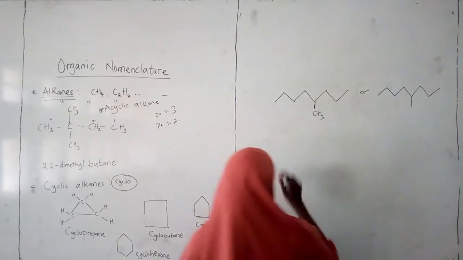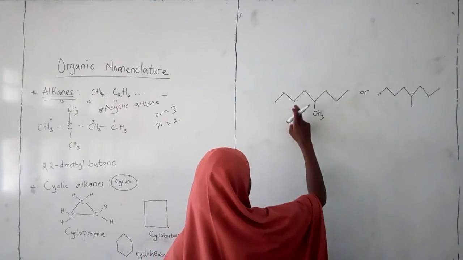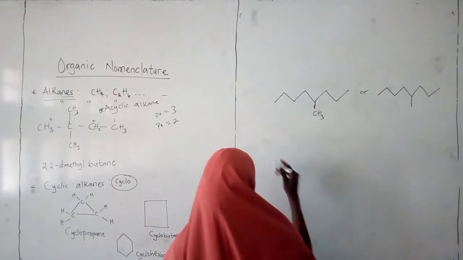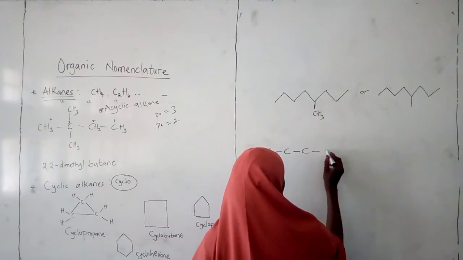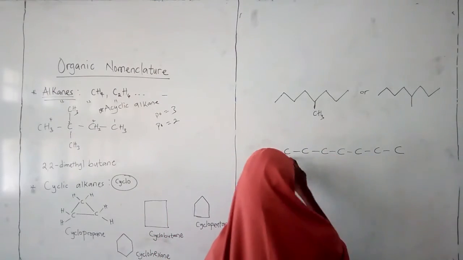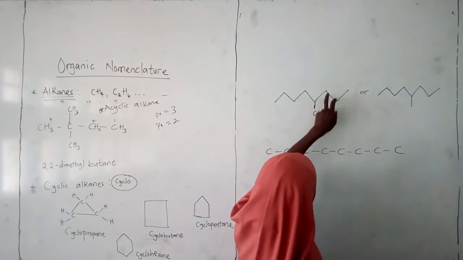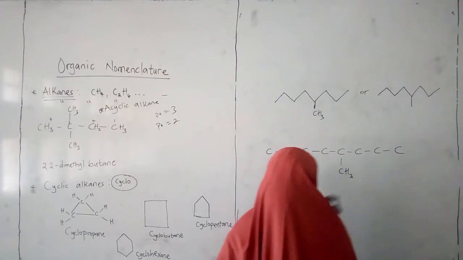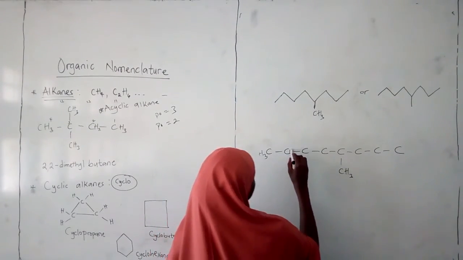So now, naming this, we have 1, 2, 3, 4, 5, 6, 7, 8. We have 8 carbon atoms. And we have the substituent. The substituent here. Now this carbon is having 3 hydrogen.